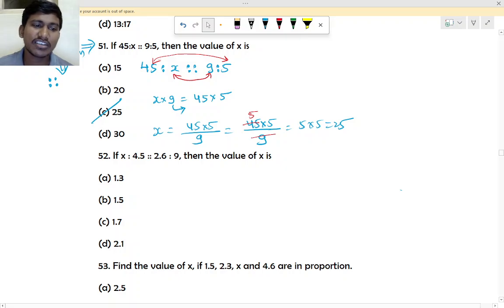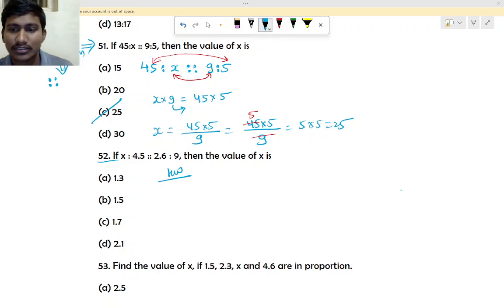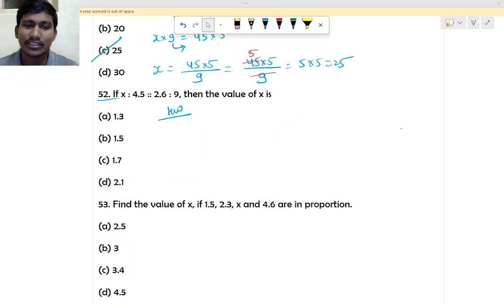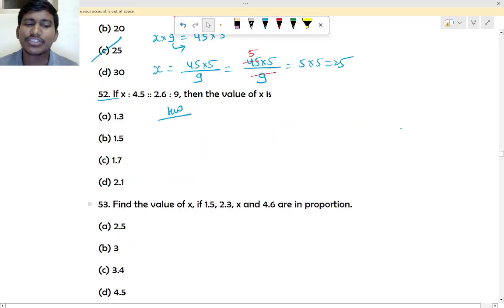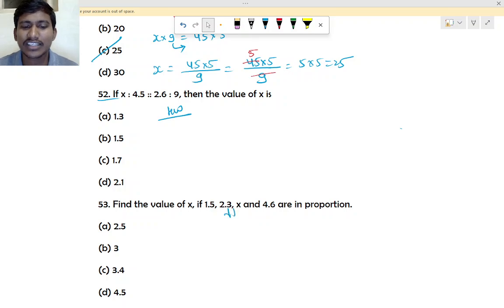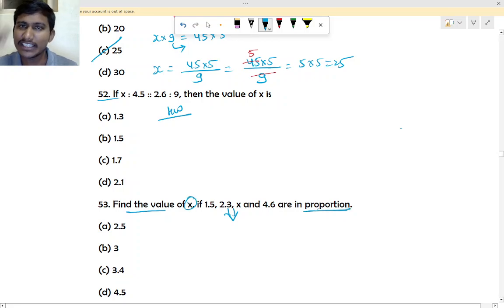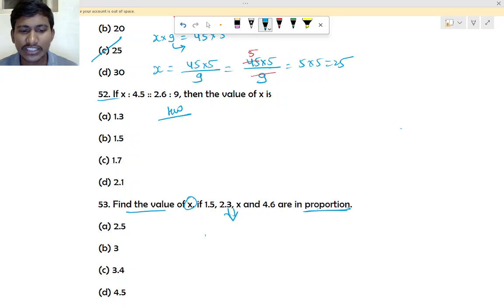So will you do all this homework? Okay, good. This 40, 53 is there, right? We should write it down in the proportion. So find the value of x they are asking. When they are in proportion, we have to write it in proportion. If you write in proportion, it will be 1.5 is to 2.3.